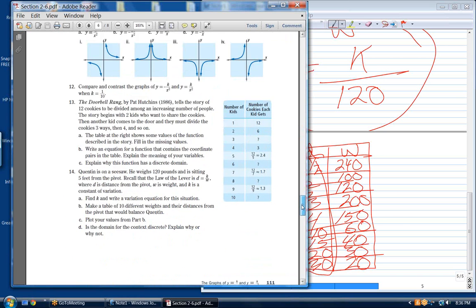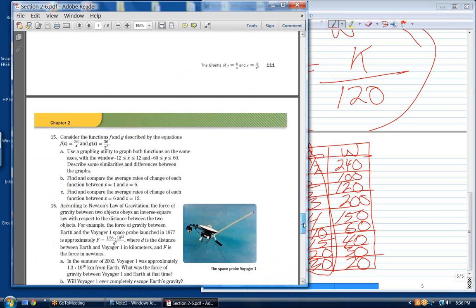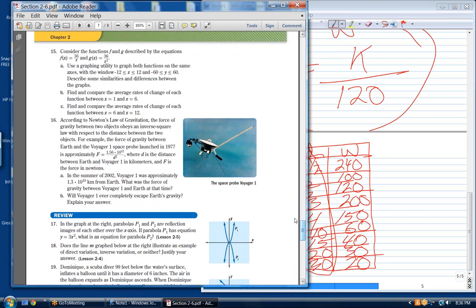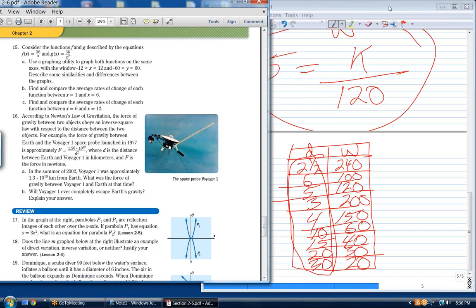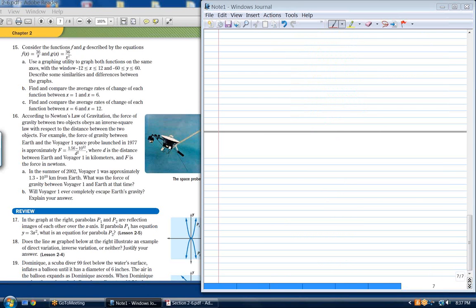What next? What did we just do? 14? Yeah, 14. Next one is 15. Okay. Boy, they're going to do these hyperbolic functions to death. Go ahead and do that.